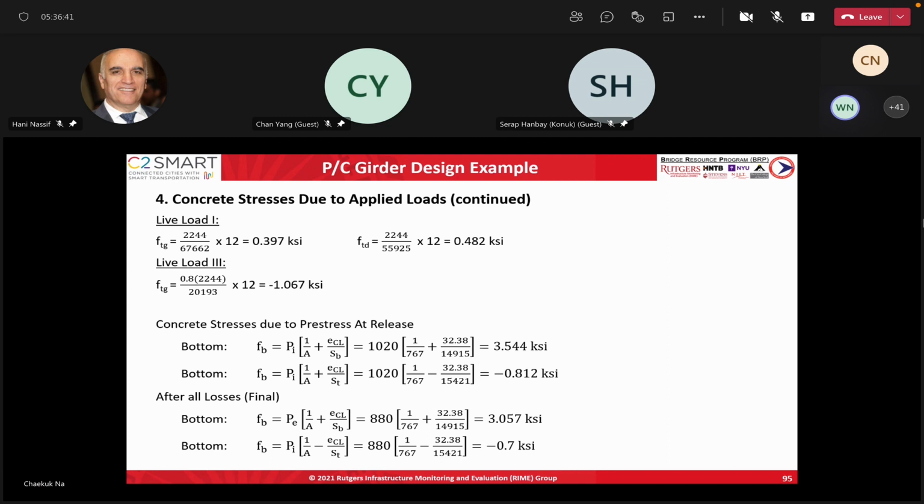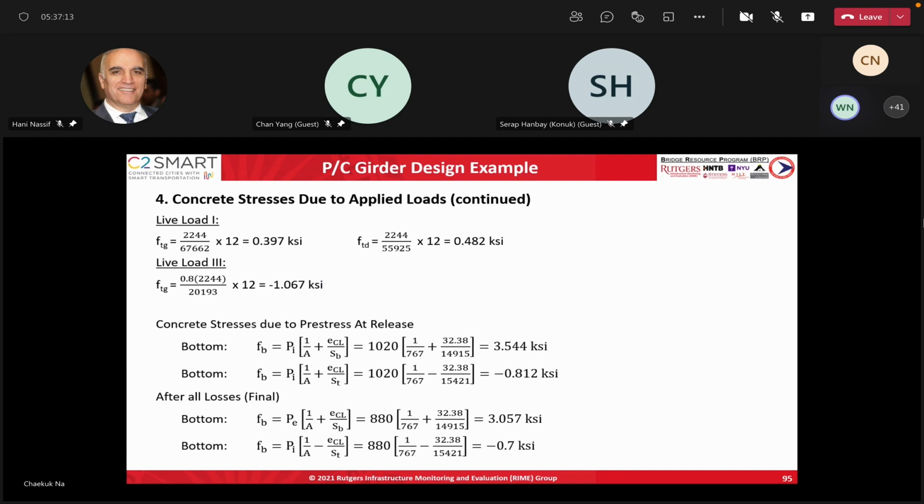Okay. Then we calculate the concrete stresses at release, the time of release. So we use FPI. PI is the initial force. It's 1,020 kips. It's the same formula that we use always. It's the force over area plus M y over I. Pe is the moment.